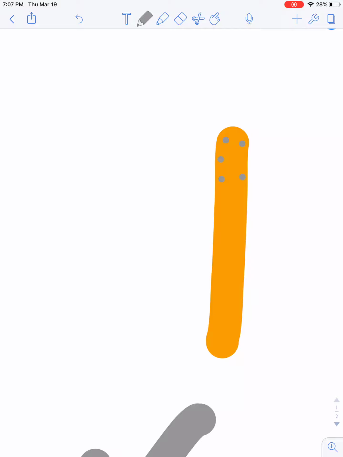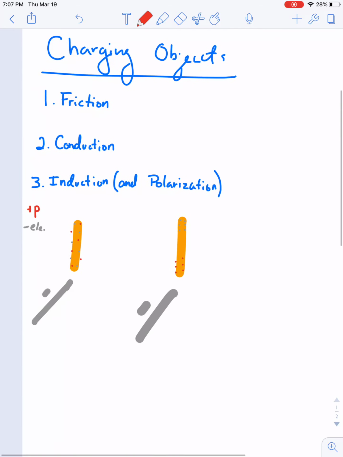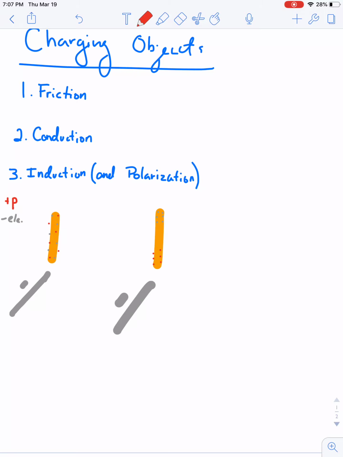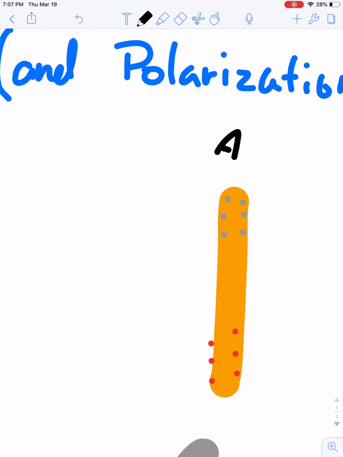And then it's going to track the 6 protons near the negatively charged item. So what you should be able to see here will be before and after.